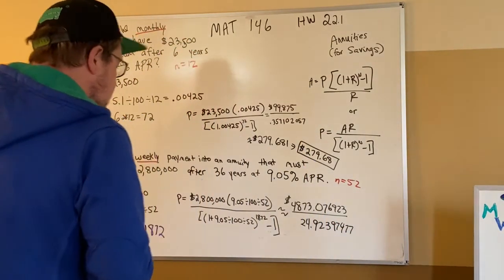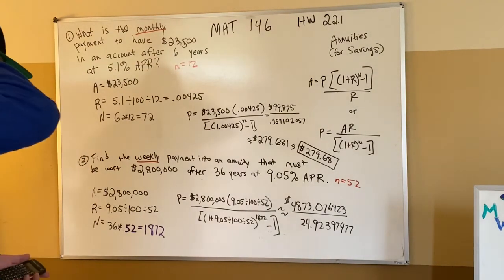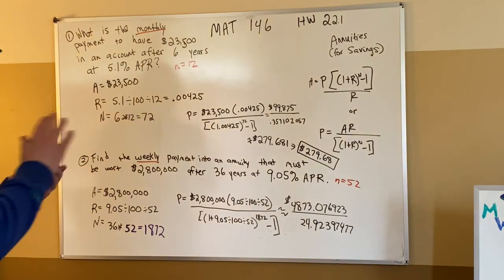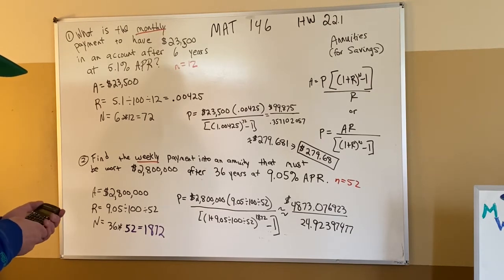And now what I'm going to do is enter both of those values, set up the fraction, and do the division out and see what I come out with. So I have all those decimals doing work for me, and I'll see where it winds up with dollars and cents. And so I'm going to do 4873.076923. And we'll divide by the denominator as you see it.